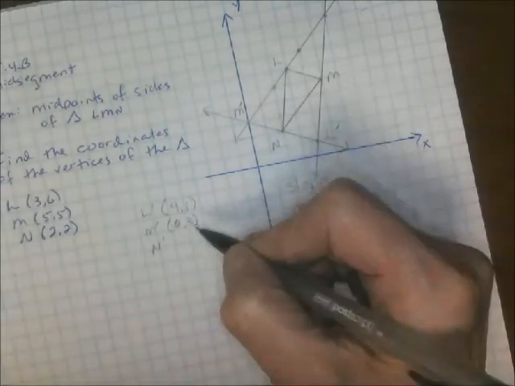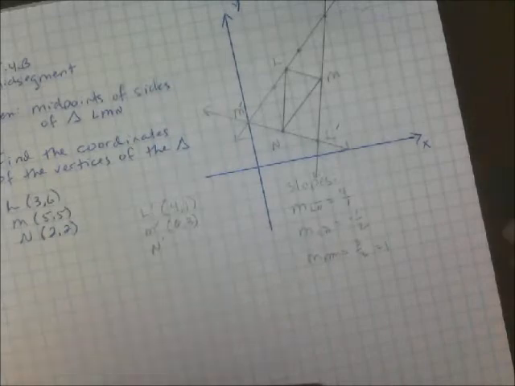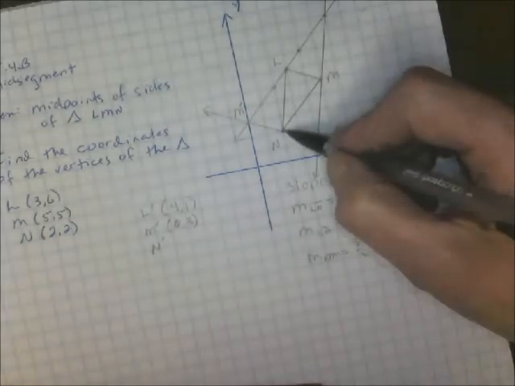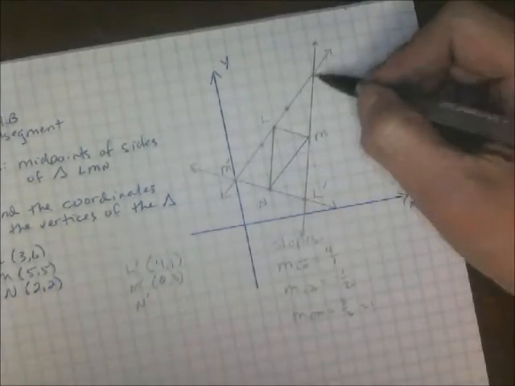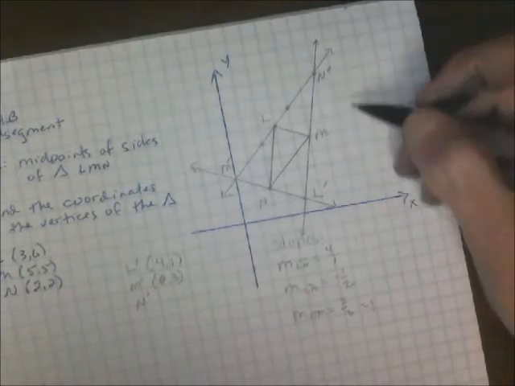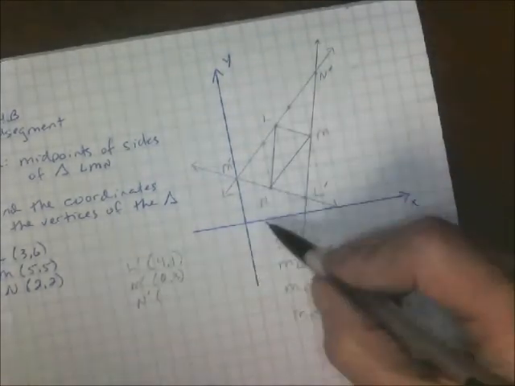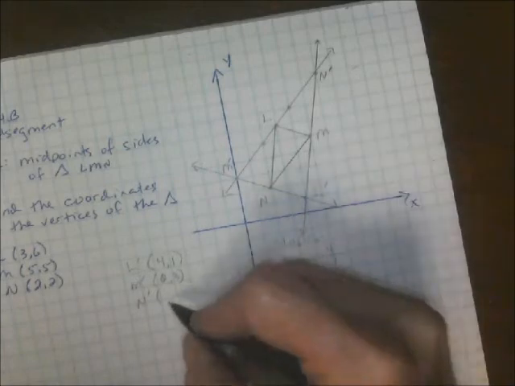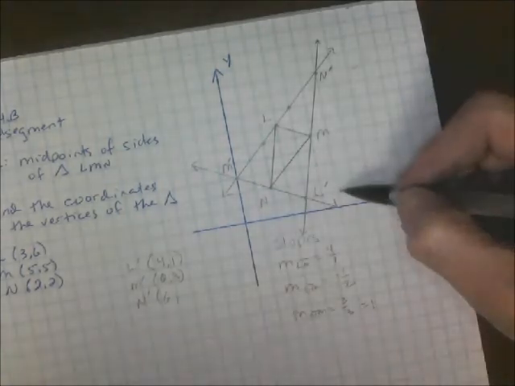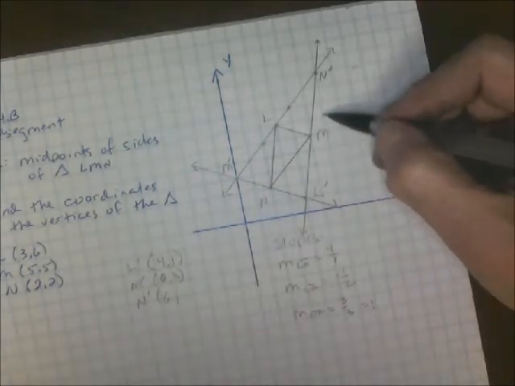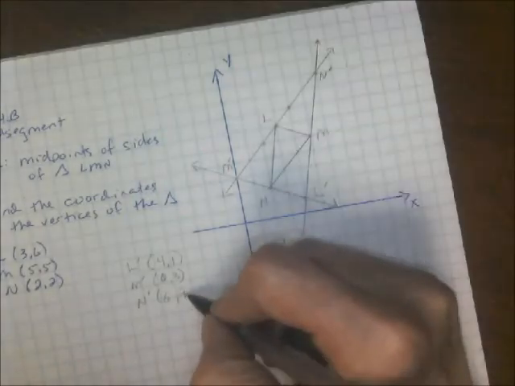So if we look at LM and L prime M prime, you can see that that is the case. They have the same slope, meaning they are parallel, and LM is 1/2 the length of L prime M prime. So the coordinates of our original triangle are (4, 1), (0, 3), and (6, 9).